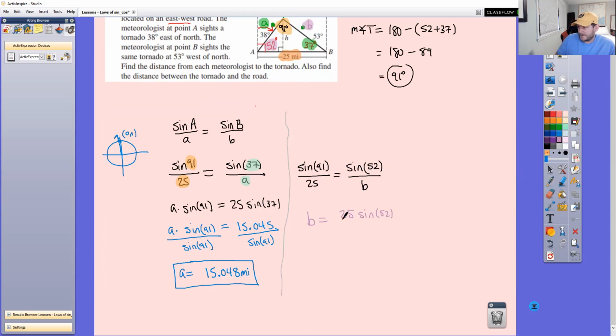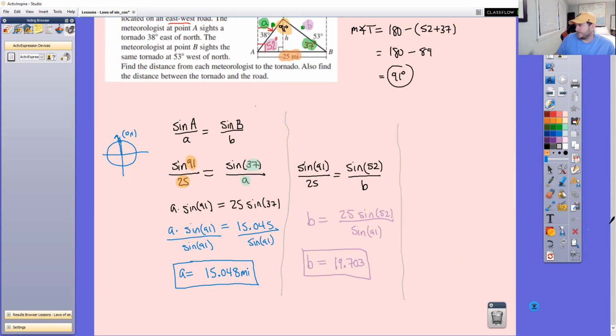And then you'll be dividing by sine 91, just like before. And just feel free to enter that whole mess in your calculator. 25 sine 52 divided by sine 91. 19.703. Okay.